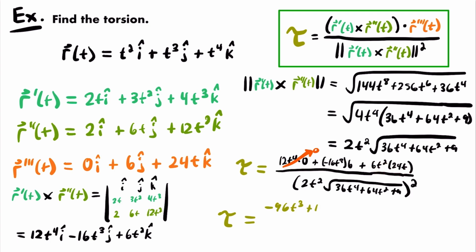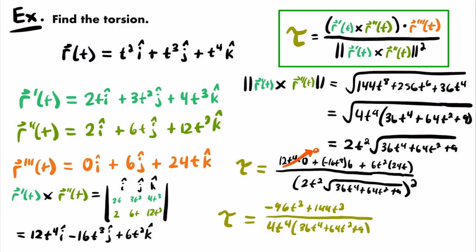So we have plus 144t cubed. Those are like terms, which is pretty nice. But then that is divided by this denominator squared. Squaring 2t squared gives you 4t to the power of 4. And then you're squaring this square root, so you're just left with the terms inside the square root. So you're multiplying by 36t to the power 4 plus 64t squared plus 9.